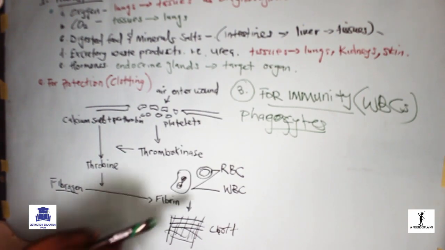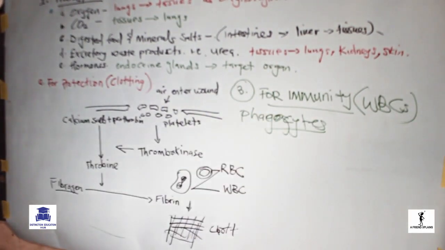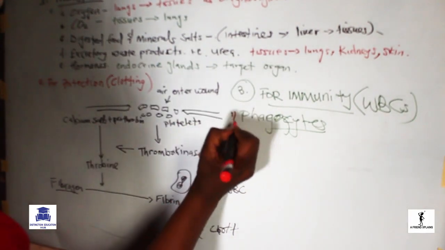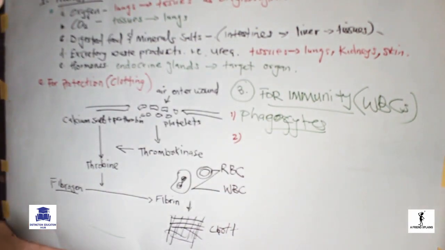They will engulf bacteria, and they are also able to remove dead cells. So bacteria and various foreign bodies are ingested by the white blood cell known as the phagocyte. So this was the first.